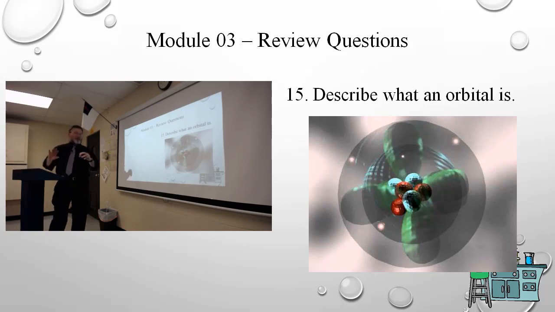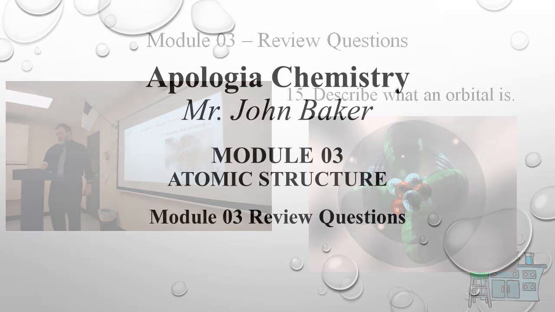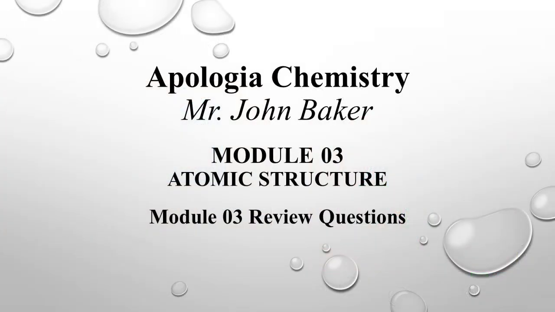When you map it out, the greater the probability, the darker it looks in a true model of probability. The regions where it's most probable to be are what we call orbitals, and those orbitals are the s, the p, the d's, the f's. So an orbital is a region where the electron is most likely to be found.